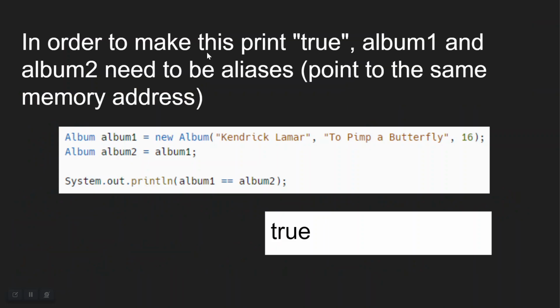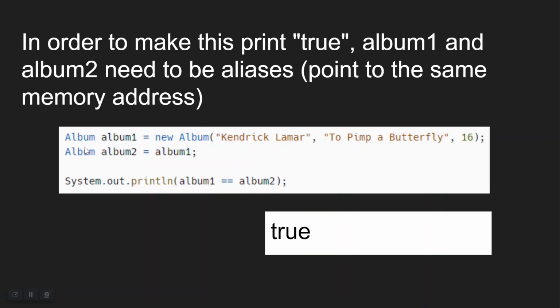So in order to make this print true, if we go back to our album object example here, album 1 and album 2 would need to be aliases. So they would need to point to the same memory address. So I would have to alter this.